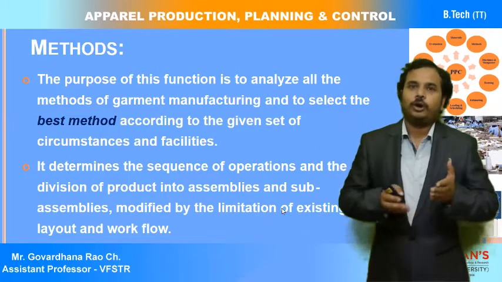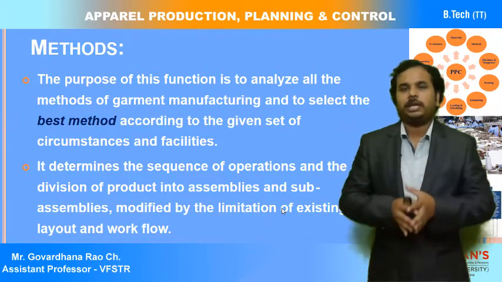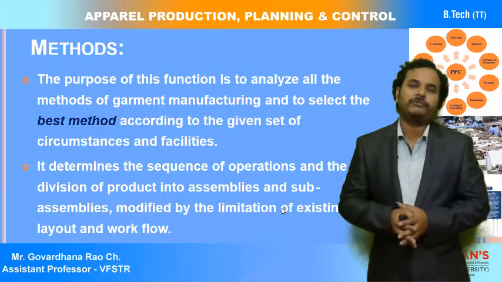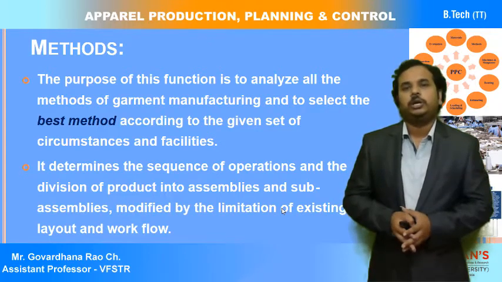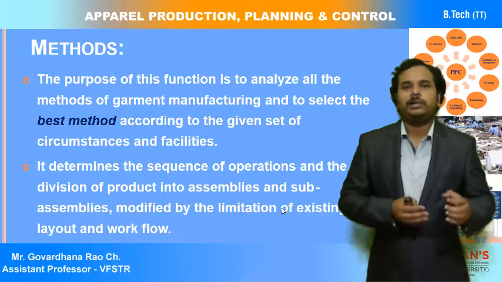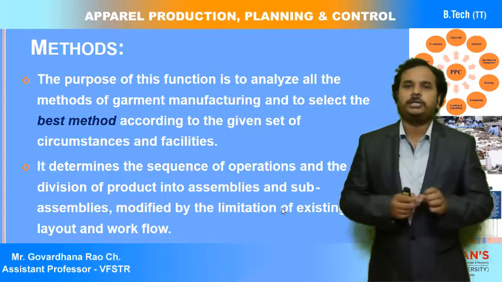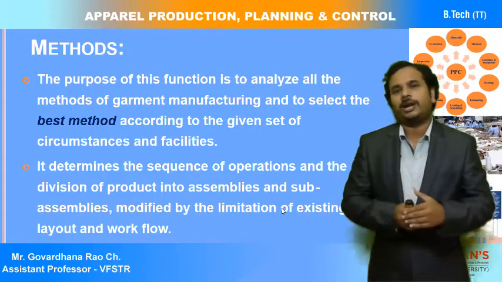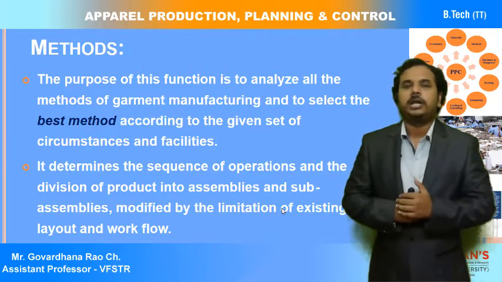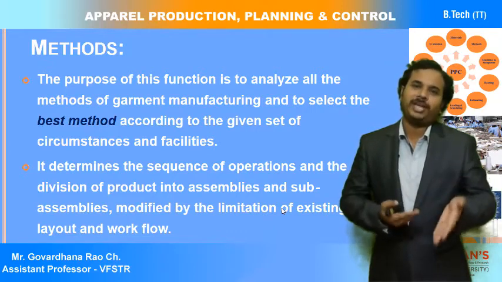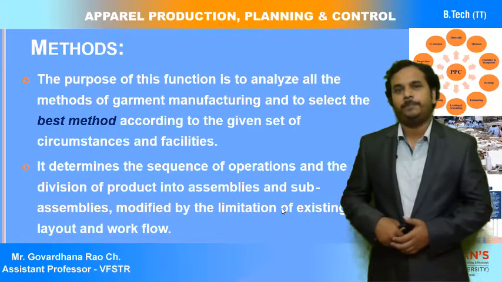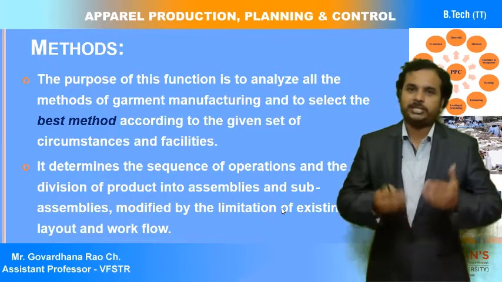What you need is a proper workflow, a proper method. All the components are prepared first, which is called the preparatory stage, and after preparation there is a finishing stage in the sewing line.